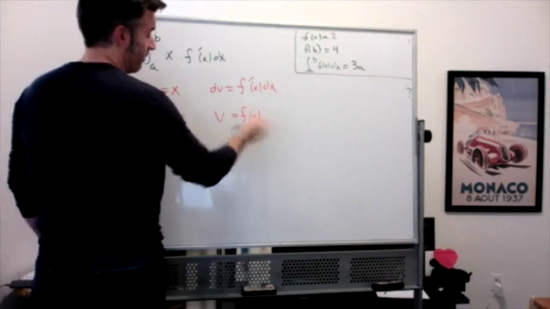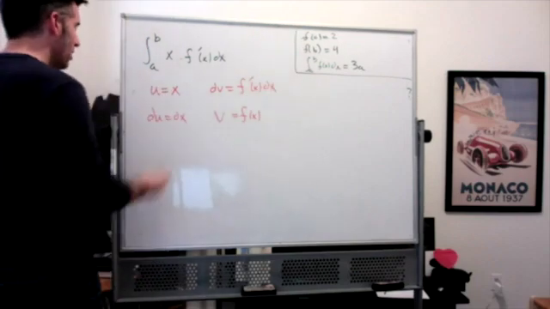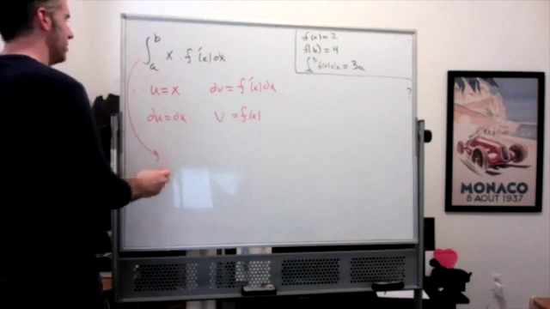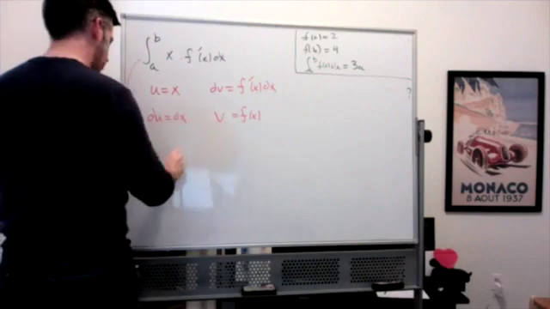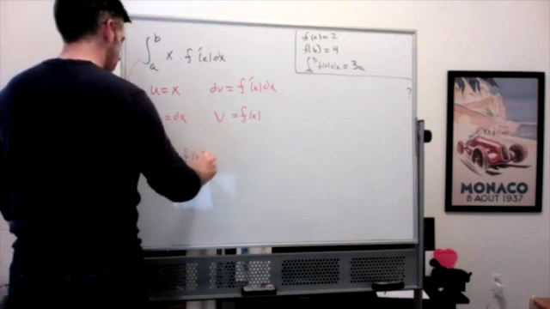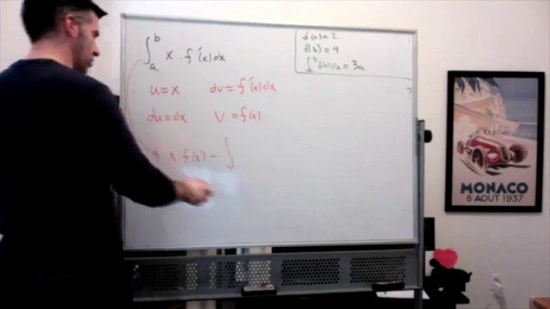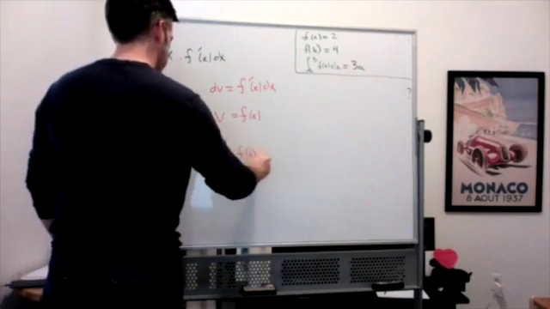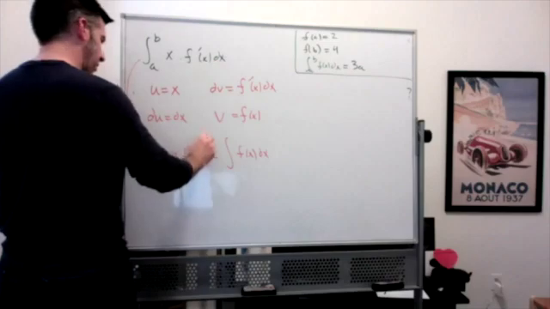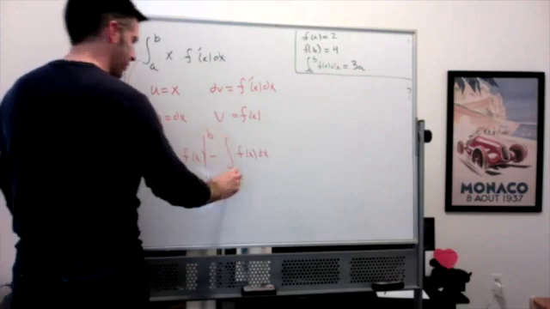So then we can rewrite this as uv minus the integral of v du, this is from a to b, this is from a to b.